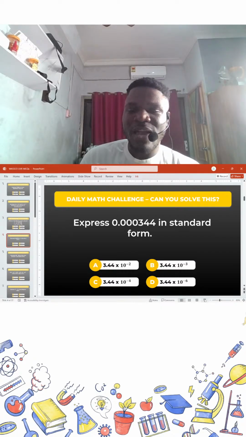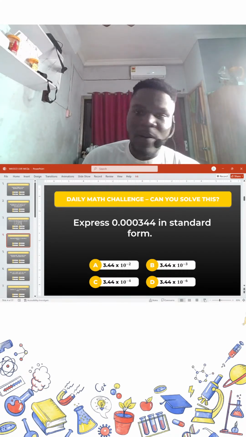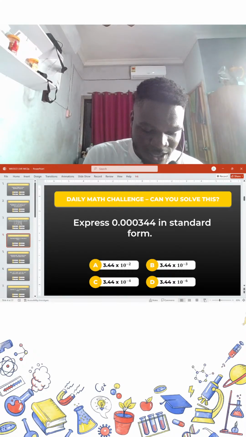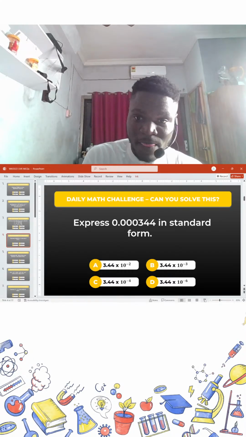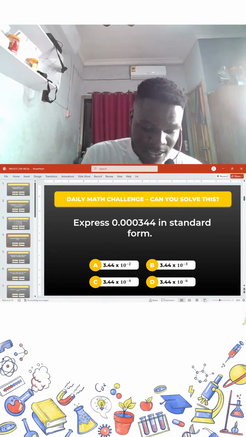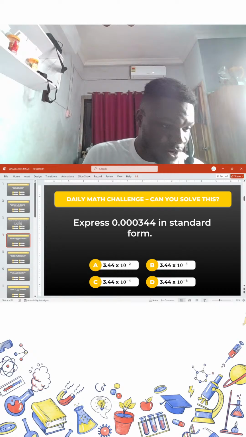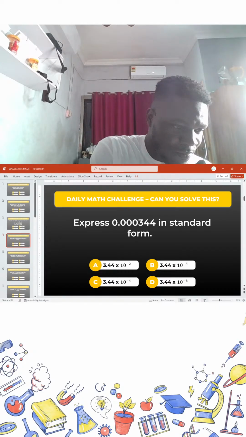And then option D, 3.44 times 10 raised to the power minus 6. All right, so you are saying for the standard form, the correct answer is option B, which is 3.44 times 10 raised to the power minus 3. And in my answer booklet, I also have the same thing. So it is very correct. For that particular one, you had it correct. So thank you so much.